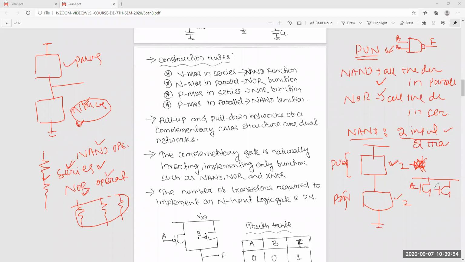This is A, this is B, and this is your output. For the NMOSes, they will be in series, connected from the output node. So A and B in series. Now this is your output. So now you understood how to design a circuit.